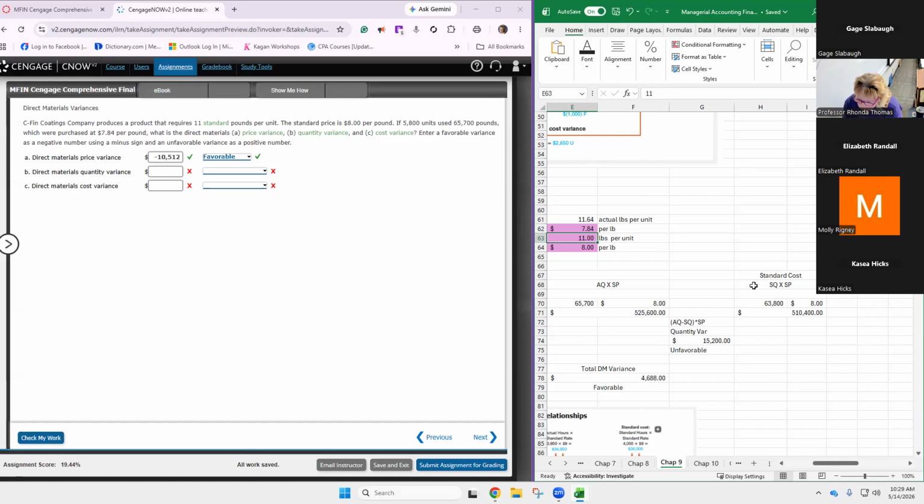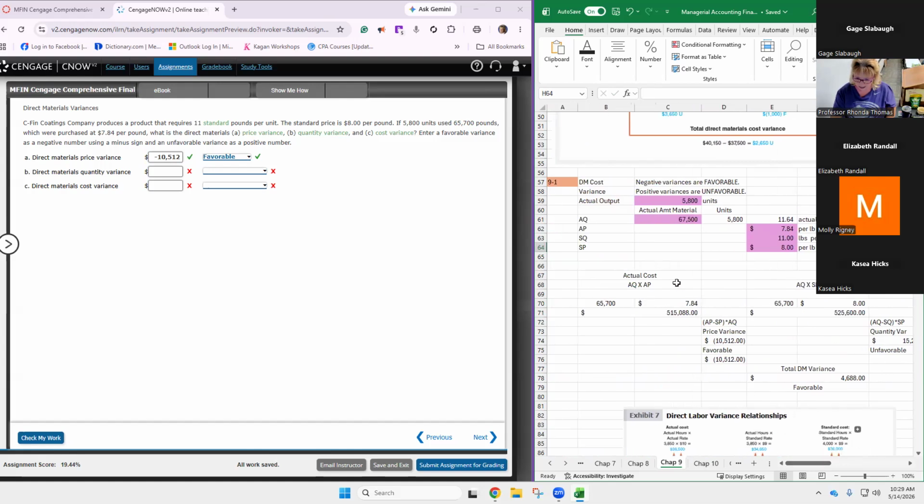Okay, so down below, I'm going to put, so once again, how did I get this? I took the actual quantity. This is SQ. How do you get SQ? I've got SQ up here blank.